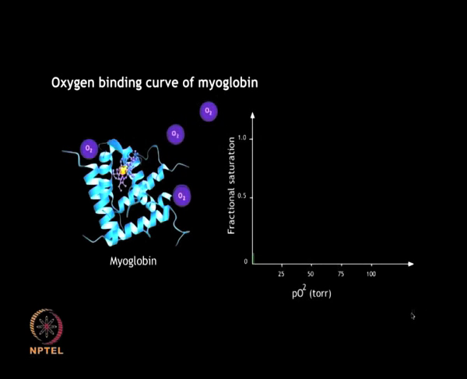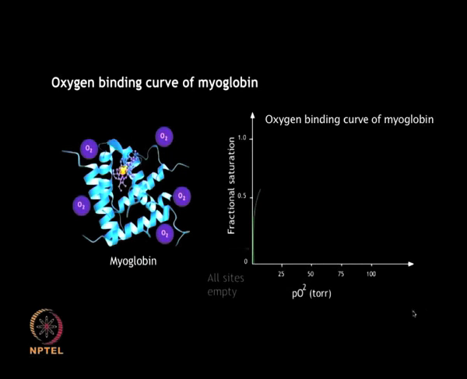Myoglobin binds strongly to the oxygen and acts as an oxygen storage protein rather than a transporter. It shows 50% saturation at a pressure as low as 2 torr and gets saturated even under the low oxygen pressure conditions that prevail in the muscle.